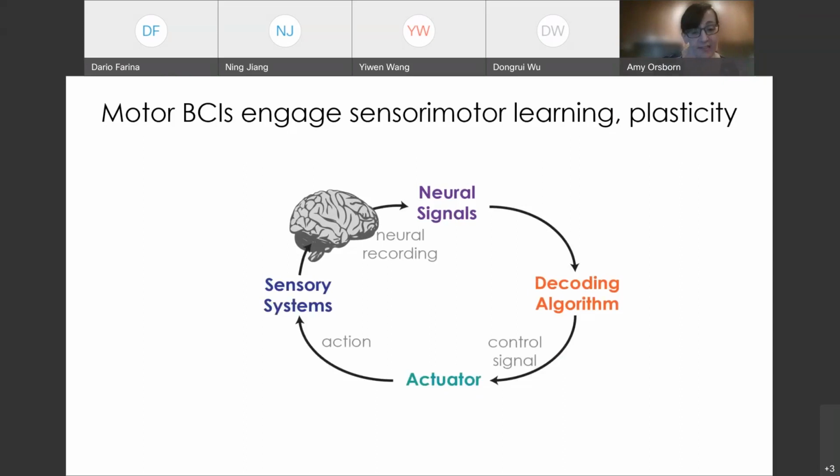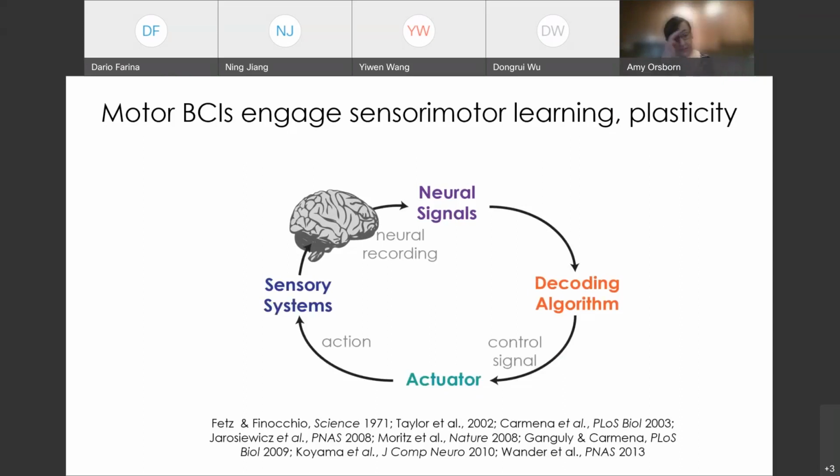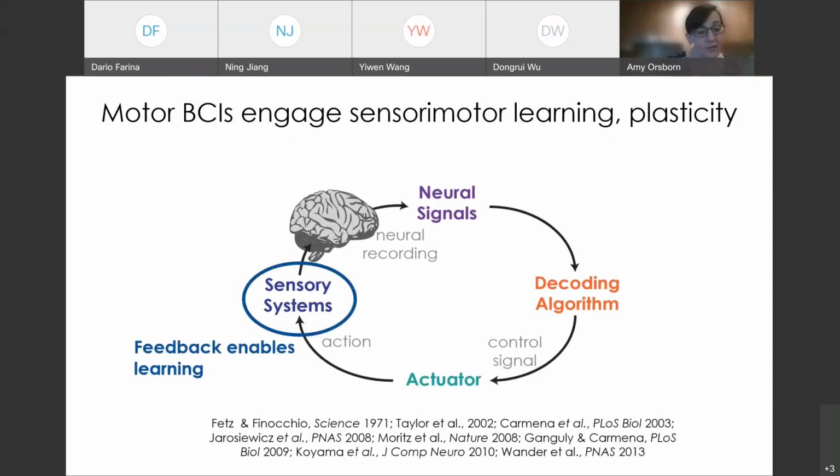And decades of research have really highlighted that this feedback induces plasticity and learning, like we heard about earlier today. And so this changes the nature of the problem of what we're doing in a BCI, and we're not just trying to decode natural movements. I tend to think about it as actually trying to build a new motor system that the brain has to learn how to control.